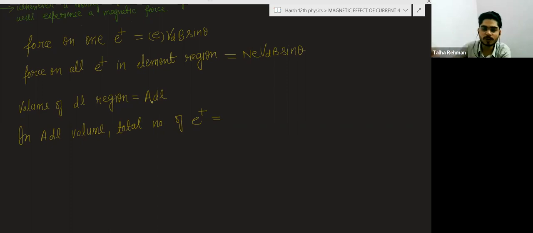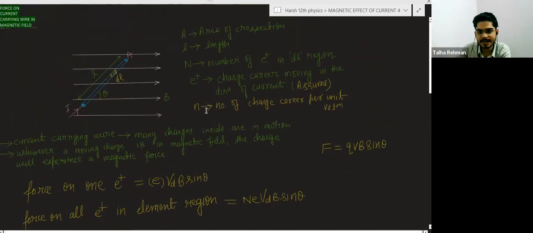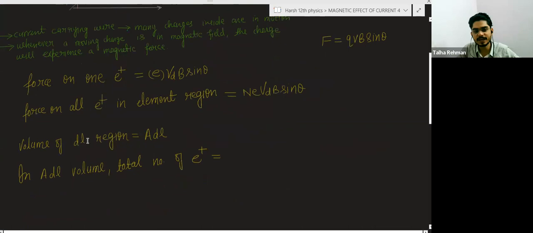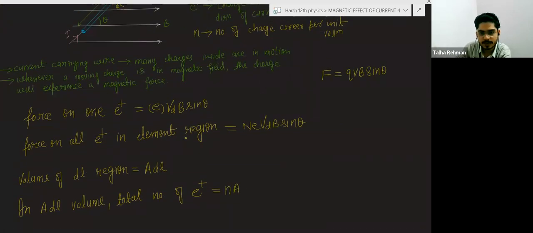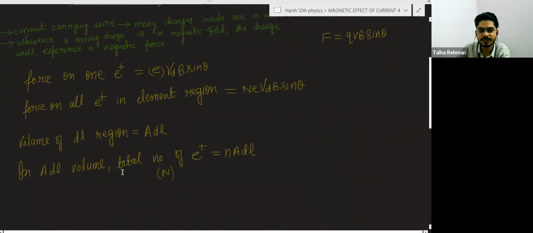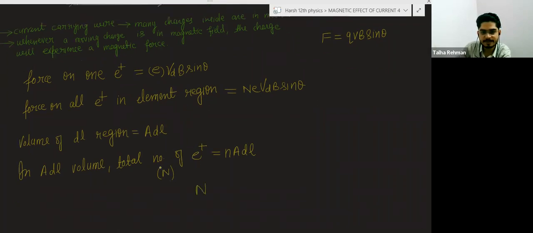In a unit volume, there are small n number of charge carriers. So small n represents the number of charge carriers per unit volume. So in A dL volume, there will be n A dL charge carriers. So this is the capital N, the total number of e positive in dL volume. So capital N value will be n A dL.